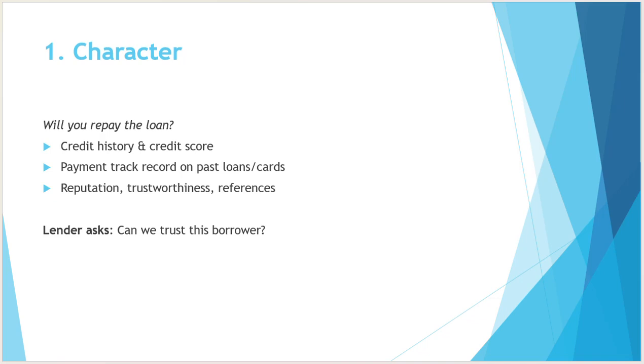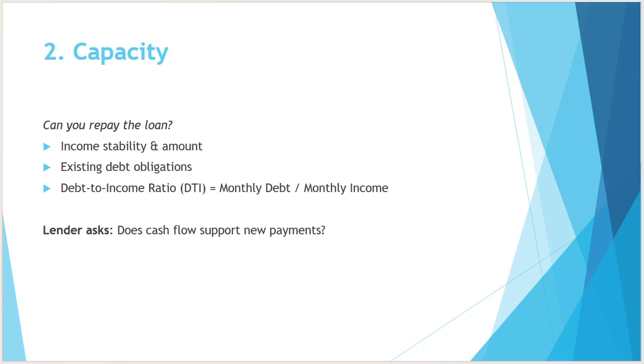Then let's move on to the next C, which is capacity, and which is also a most important thing, guys. Can you repay the loan? Here we check income stability and amount, and the debt service coverage ratio.